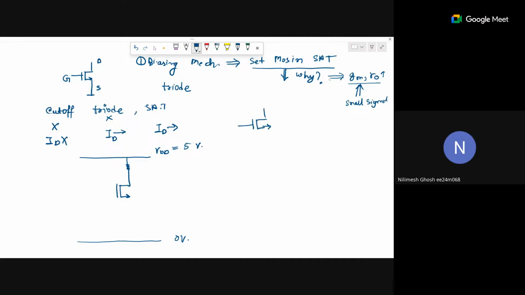For biasing a MOSFET, we need to create a saturation region in this MOSFET, right? What is the condition for the saturation region? Tell me first. VGS should be greater than VT. Okay, that is not the correct answer. Anyone knows the correct answer?